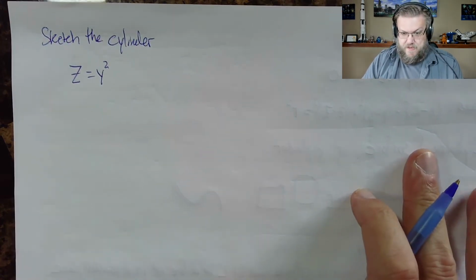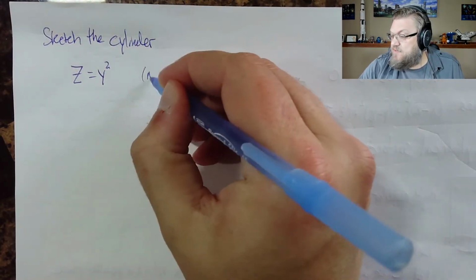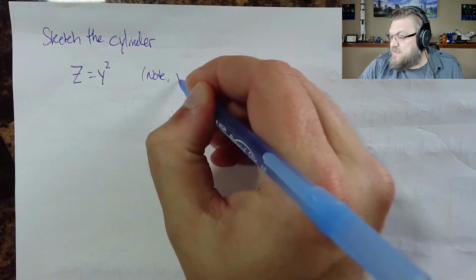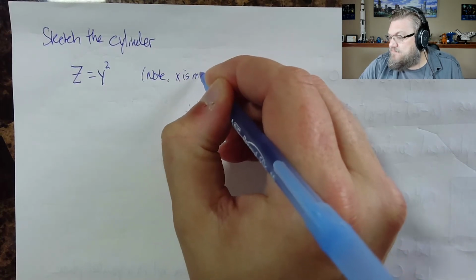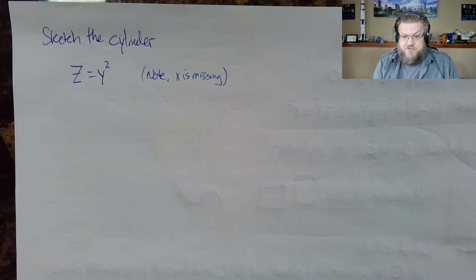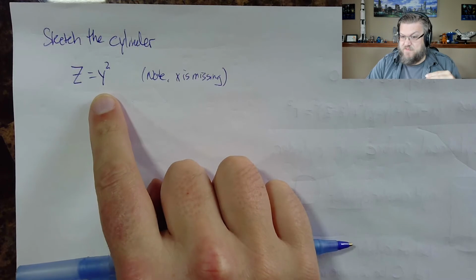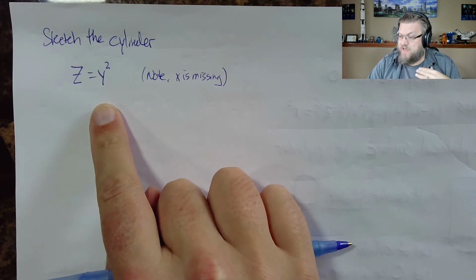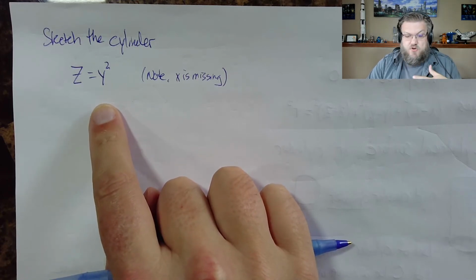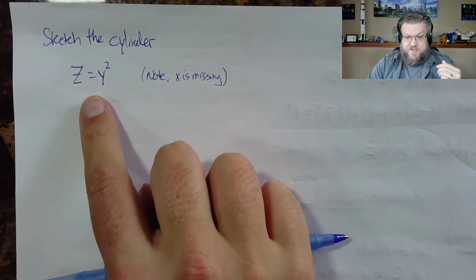So z equals y squared in a three-dimensional context is missing an x. Note, x is missing. There's no x value here. So I'm going to get this curve when x is 0, when x is 0.5, when x is 1, when x is 2, when x is 3. No matter what x value I'm at, I'm going to get this curve.